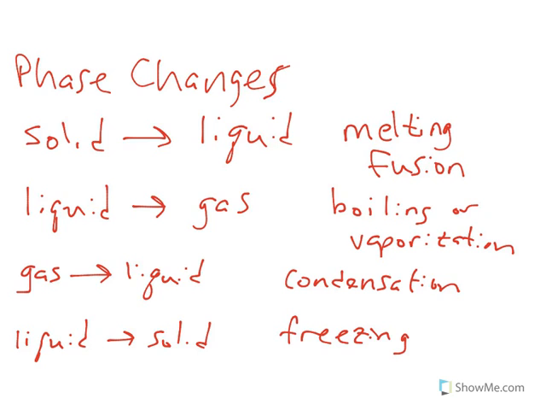There are some other ones that we need to review that are probably not quite as obvious. Gas to a solid. This is bypassing the liquid phase. So what we're doing here is taking a gas and converting it to a solid without ever going through the liquid phase.